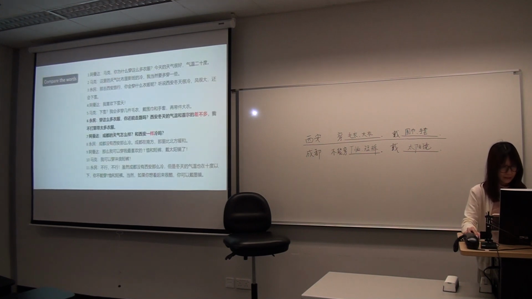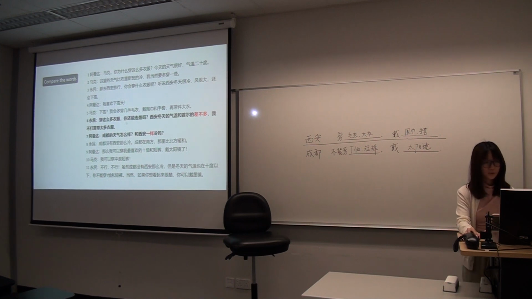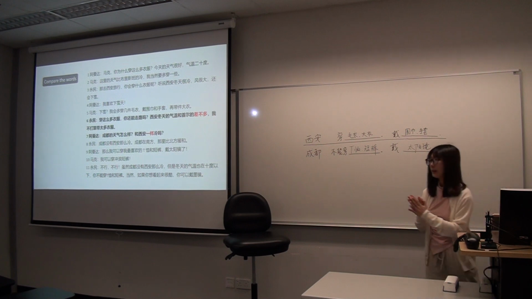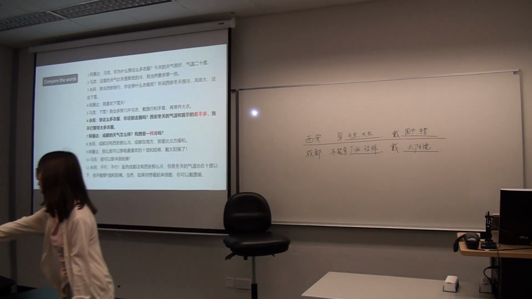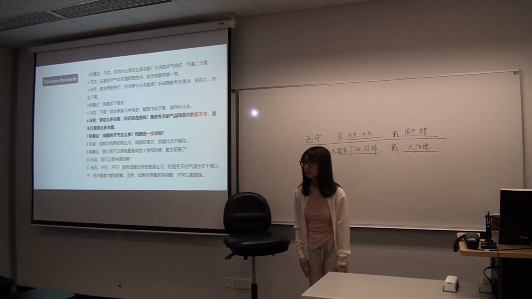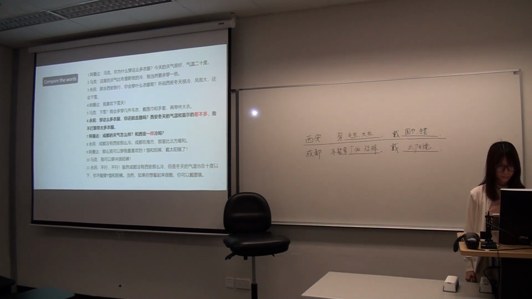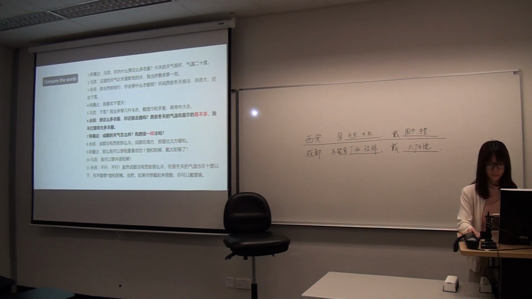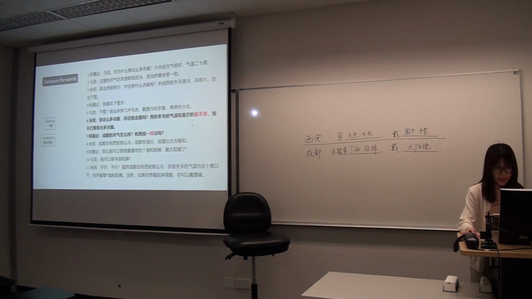And except for the 穿戴, I want two students to read out these two sentences. Maybe you two. Please read out the two sentences, line 6 and line 7. 穿这么多衣服，你还能走路吗？西安冬天的气温和首尔的差不多，我不打算带太多衣服。成都的天气怎么样？和西安一样吗？Okay, I have highlighted two words here, 差不多 and 一样.